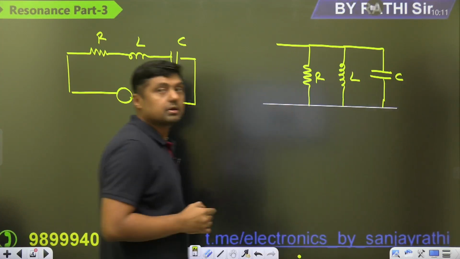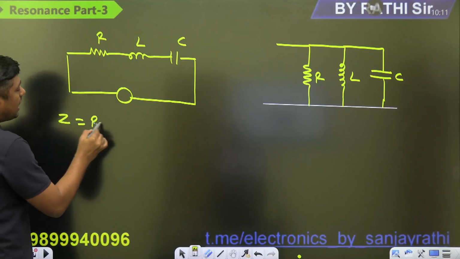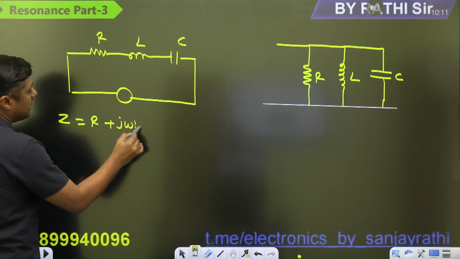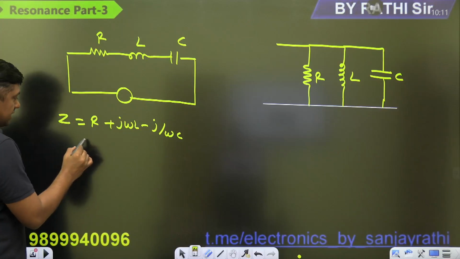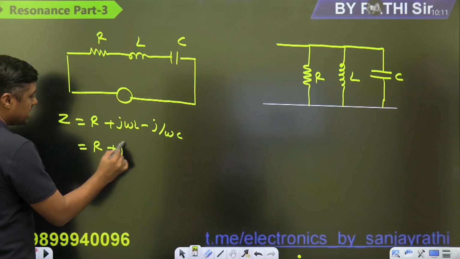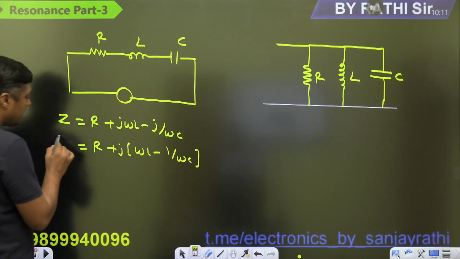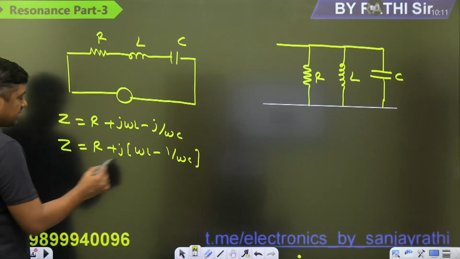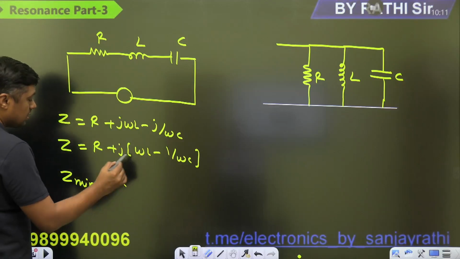Remember, here we are finding impedance R plus j omega L minus j by omega C, and that is given by R plus j omega L minus 1 by omega C. Exactly at resonance, that imaginary part is 0 and we are getting the minimum impedance R, right?